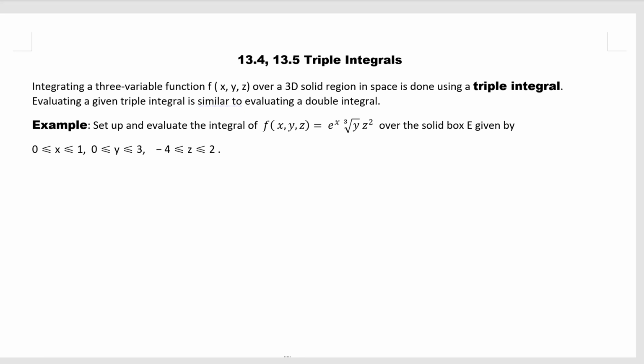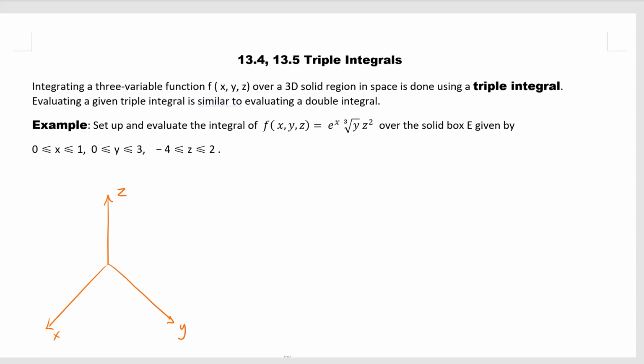Set up and evaluate the integral of this function over the solid box E, given by x between 0 and 1, y between 0 and 3, and z between -4 and 2. So let's draw the region. This is x, this is y, this is z.